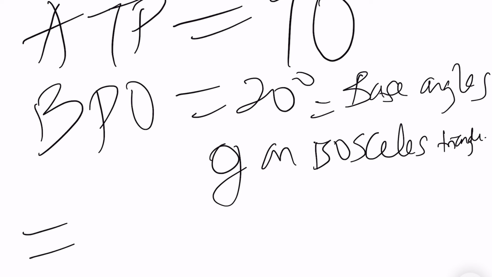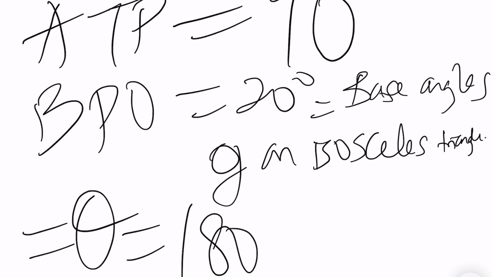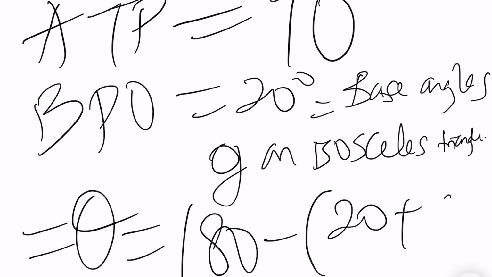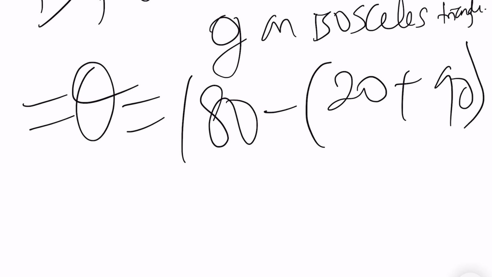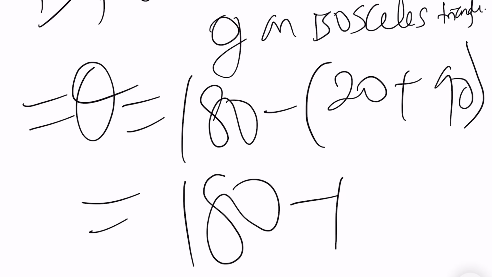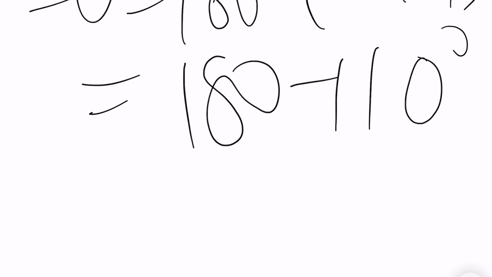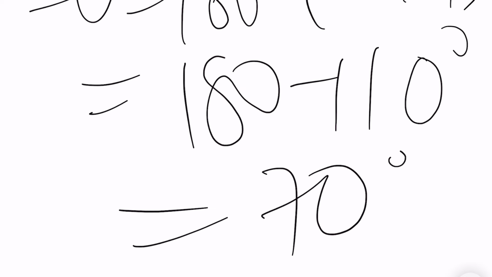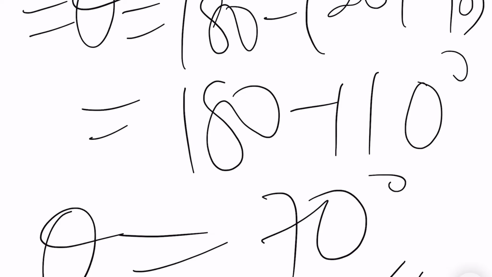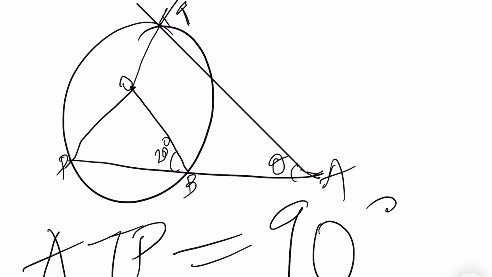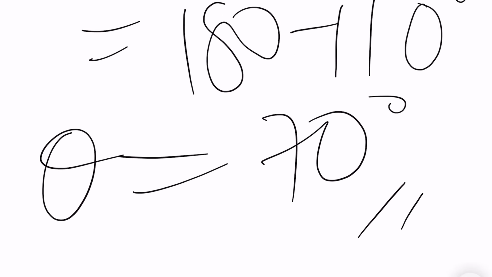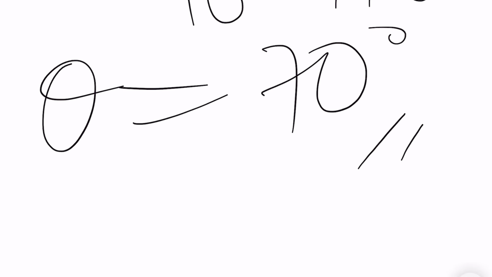Theta will be equal to 180 minus 20 plus 90, which is 180 minus 110 degrees, giving 70 degrees. So our theta here is 70 degrees.